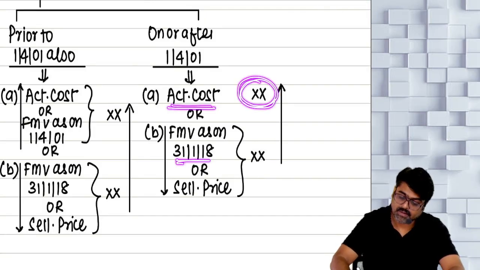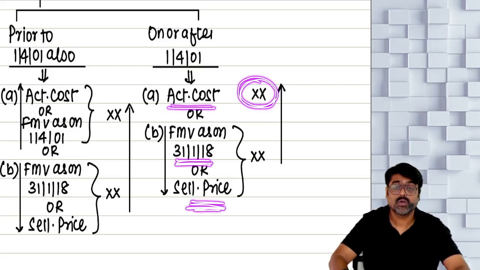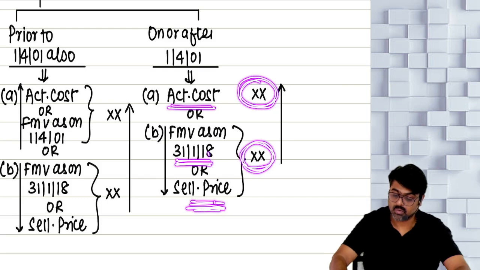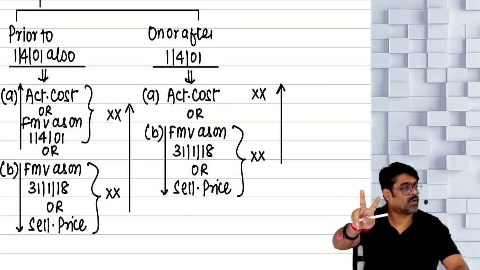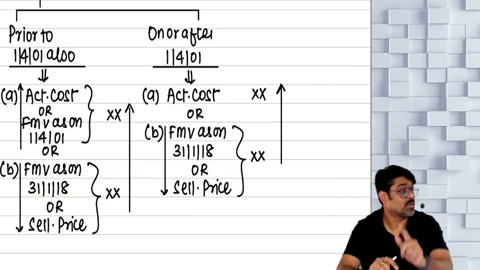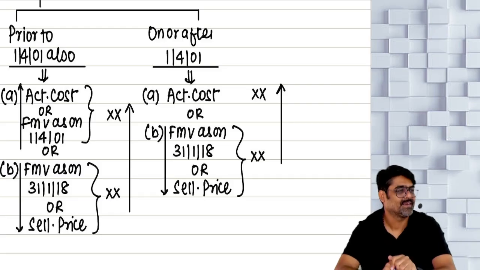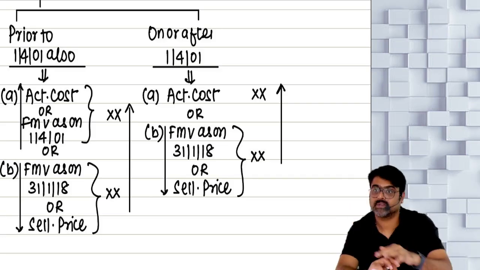And what will be the fair market value as on 31st January 2018? The amount is given, 2,000 rupees. And the selling price is 4,000. 2,000 or 4,000, whichever is lower, 2,000. 2,000 or nil, whichever is higher, 2,000. So in that case, I would have taken the cost as 2,000 for those bonus shares. Understanding? If the bonus shares would have been long term in my question.